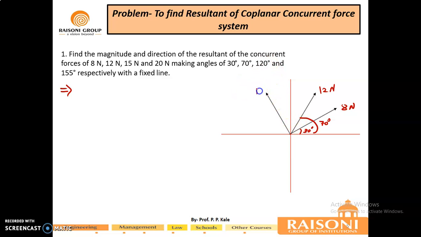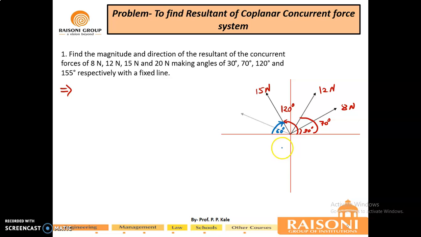This is of magnitude 15 Newton and with respect to the fixed line it has an inclination of 120 degrees. We can find its inclination with respect to this axis also. This will be 60 degrees. It will be required.